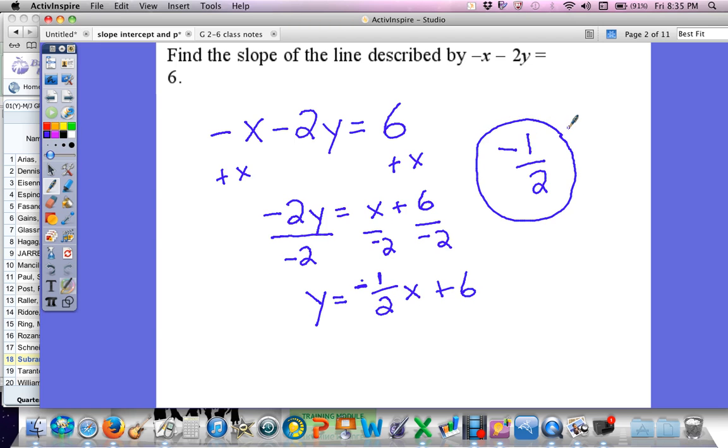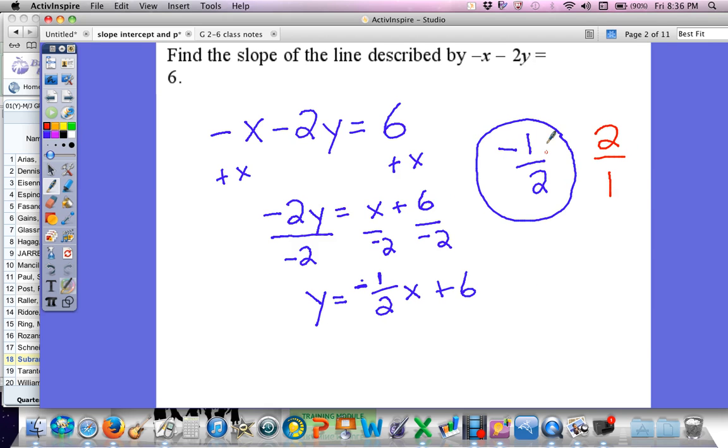If I wanted a line parallel to this, anything that has a slope of negative 1/2 would also be parallel to the line formed by this equation. And if I wanted anything perpendicular to this, I would want the negative reciprocal. So that would be 2 over 1.